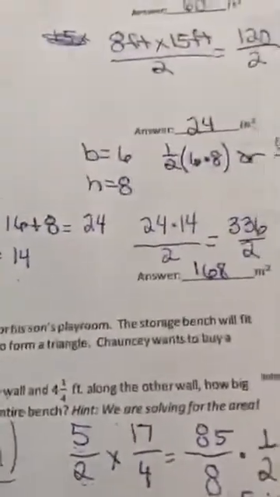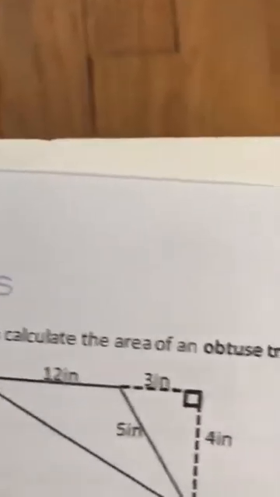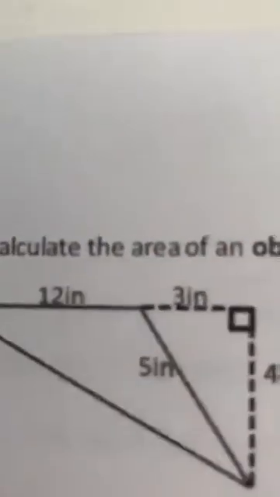All right. So let's go on to the second page, problem number 5. It says that Darnell and Donovan are both trying to calculate the area of an obtuse triangle. Examine their calculations below. Now, remember, you all discussed obtuse triangles yesterday, and somebody did give you the definition.